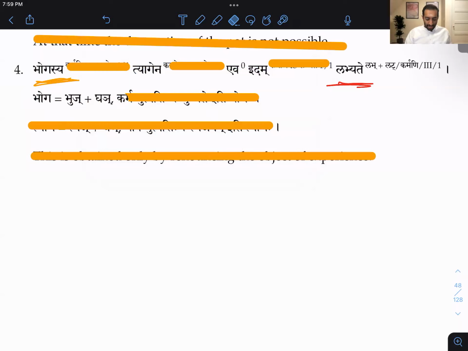Now, the vyutpatti of this word. Now, the word bhuj, it means to experience. Okay. Here, bhoga is that which is experienced. Knowing that, what is the vyutpatti?